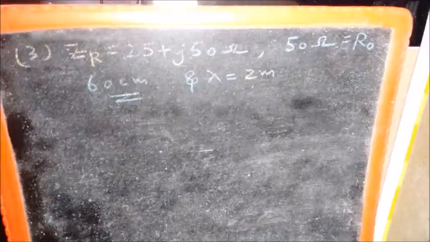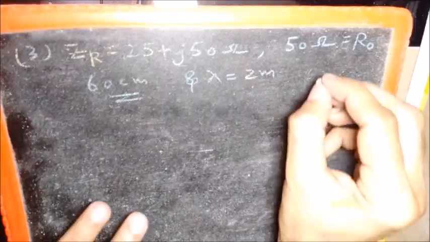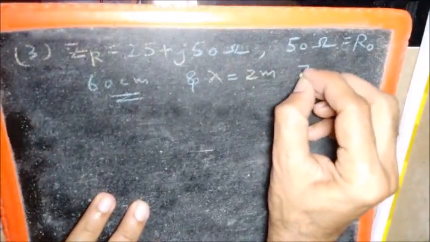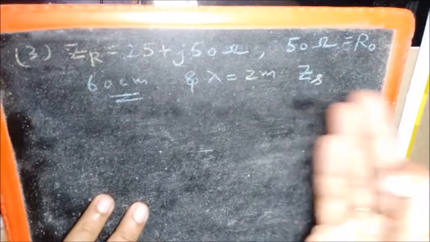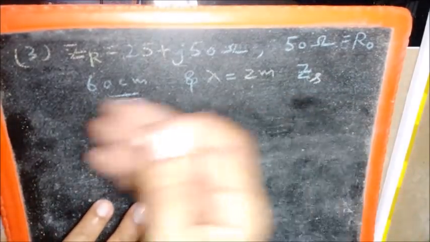So the wavelength of the voltage wave or the current wave on the transmission line is 2 meters, and as you know, it is dependent on the frequency of operation. We have to determine the input impedance, ZS or Z in, whatever you want to call it, of the transmission line. So this is the parameter.